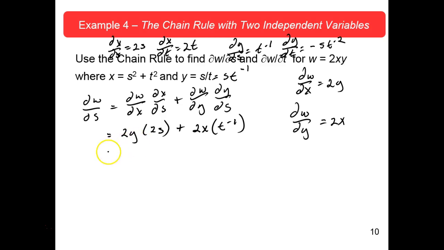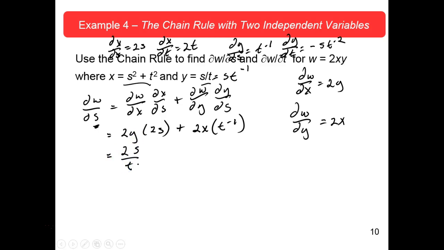Okay? Now, you want this expressed just in terms of s's and t's. You don't want the x's and y's in there. So now we plug these values for x and y into this. So this would be 2s over t.